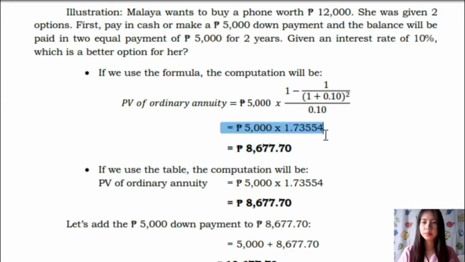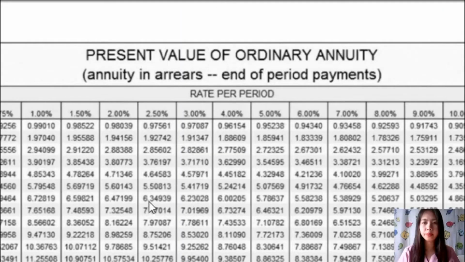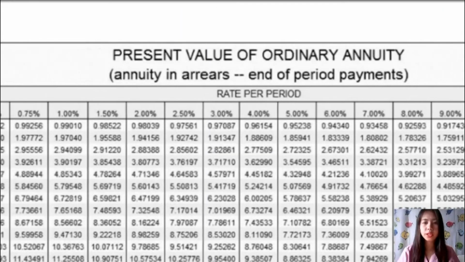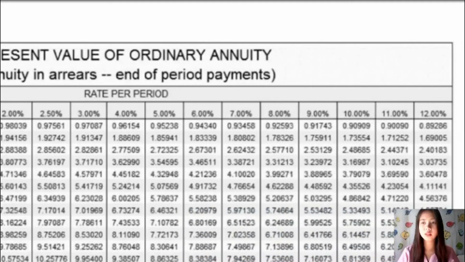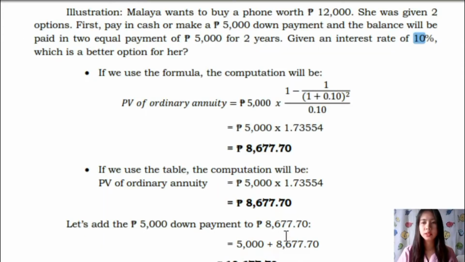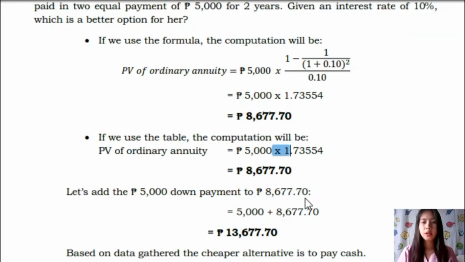So 2 years at the rate of 10%. Let's go to the table. So 2 years, and the 10% is the same. So you have 1.73554. Okay? So same in here.